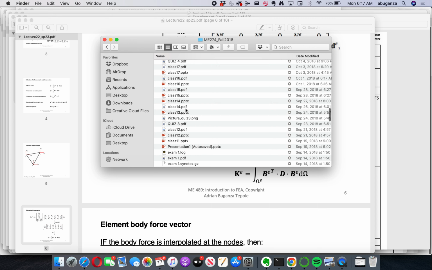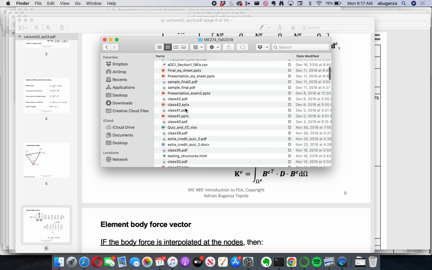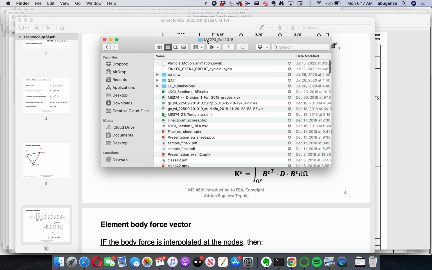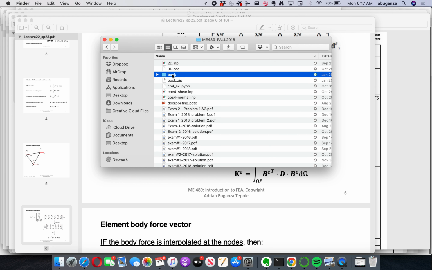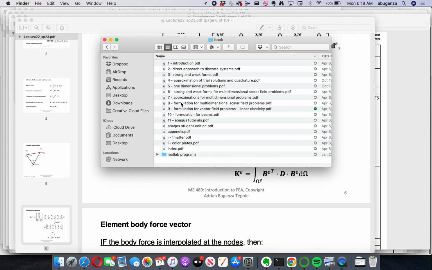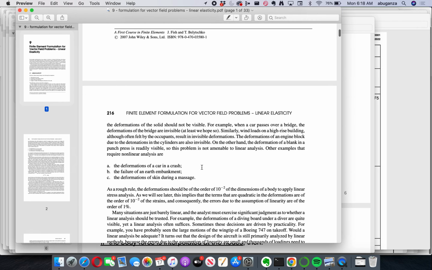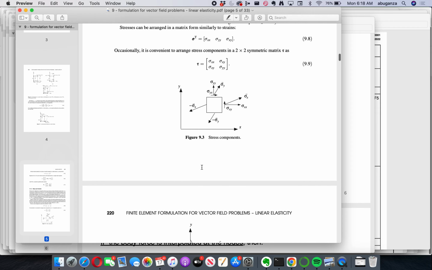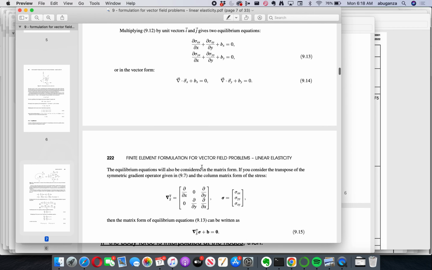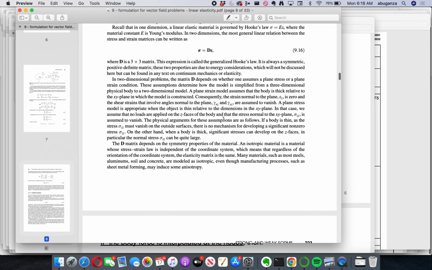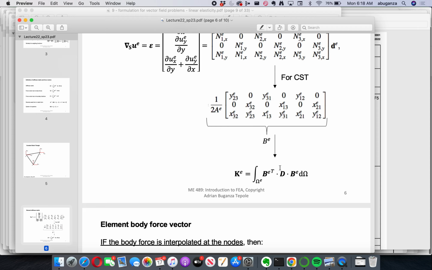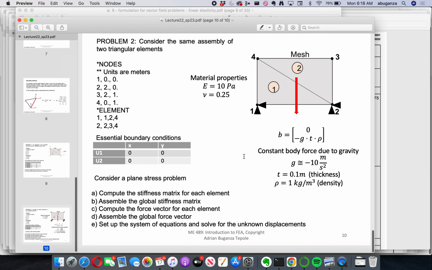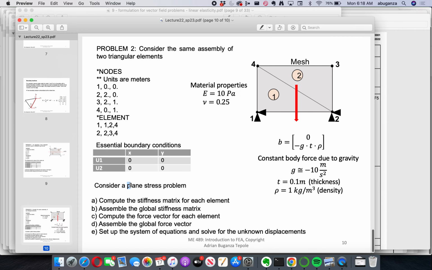Oh, here it is. No, I don't know it by memory. There are two options: either plane strain or plane stress. I don't know if I specified something in the problem. Did I say plane stress problem? Okay, plane stress problem.